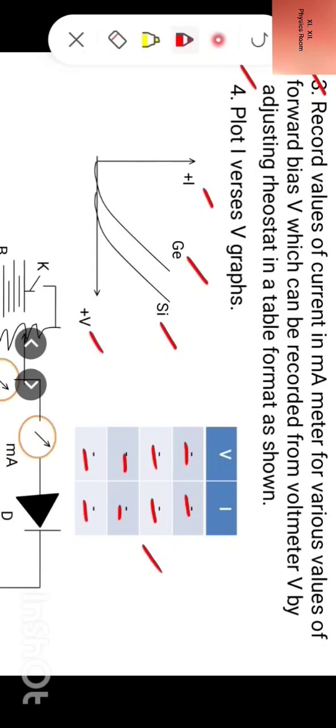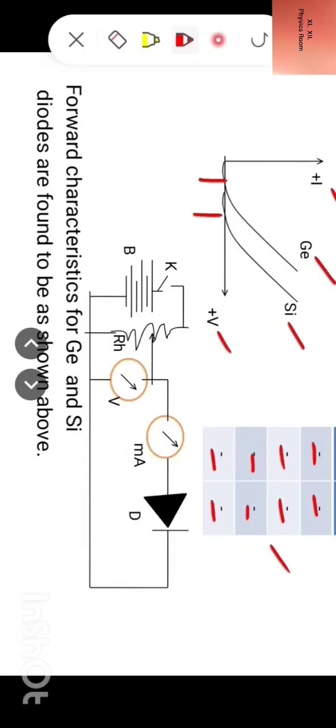Now here you note these two points. This is the barrier voltage for germanium diode and this is the barrier voltage for silicon diode. For germanium it is 0.3 volt and for silicon it is 0.7 volt. Now forward characteristics for germanium and silicon diodes are found to be as shown here.